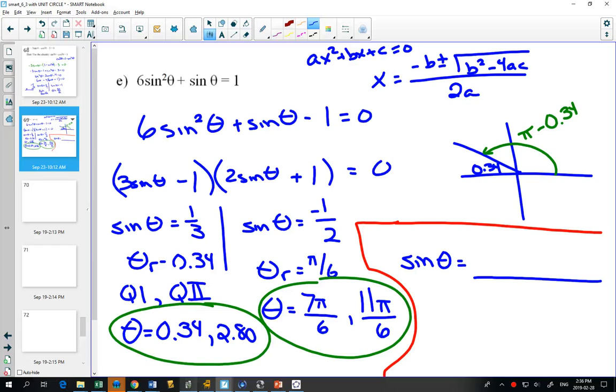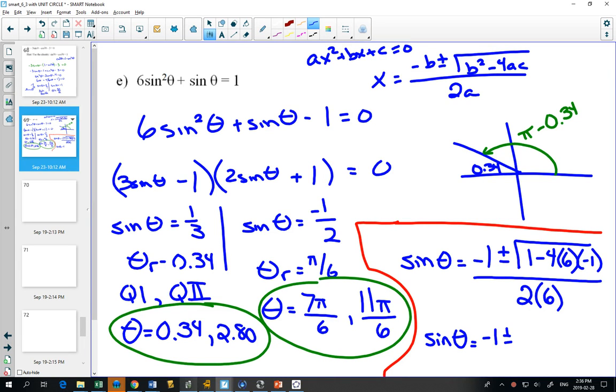negative b, so what's our b value? It's a 1, negative 1 plus or minus the square root of b squared, which would be 1, minus 4 times a, which is 6, times c, which is negative 1, over 2 times a, which is 2 times 6. Simplify this a little bit.